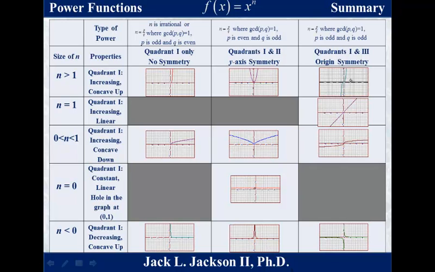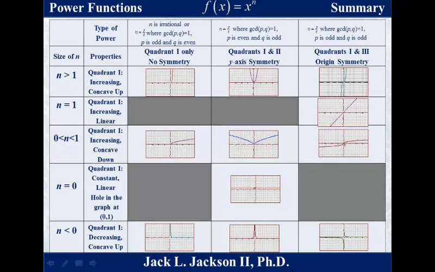In the first one up here, where the power is bigger than 1 and odd over odd, it's going to be increasing, concave up in the first quadrant, rotated around to get the third quadrant, which is increasing, concave down. So we have an inflection point, a place where it changes concavity, at the origin. The next one is linear, y equals x.